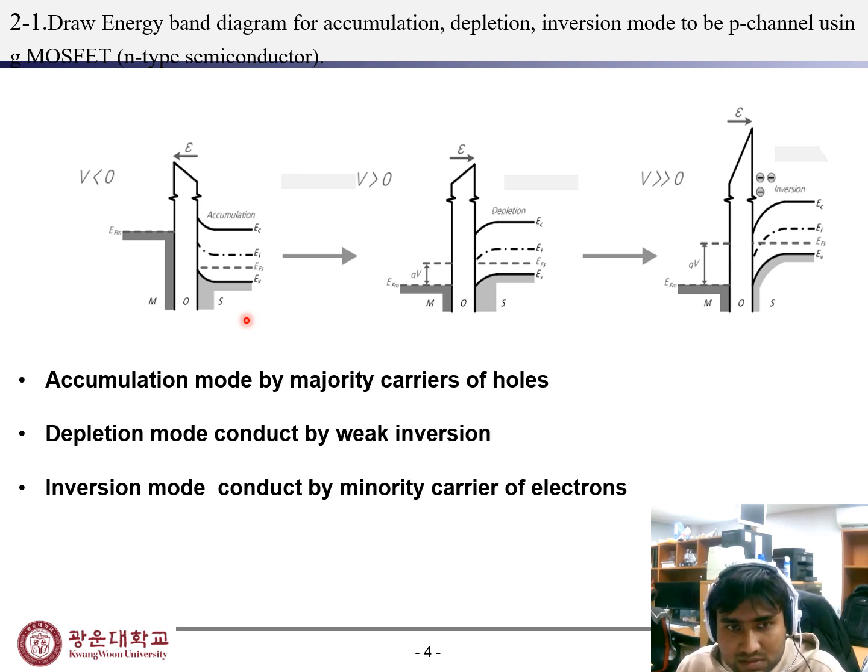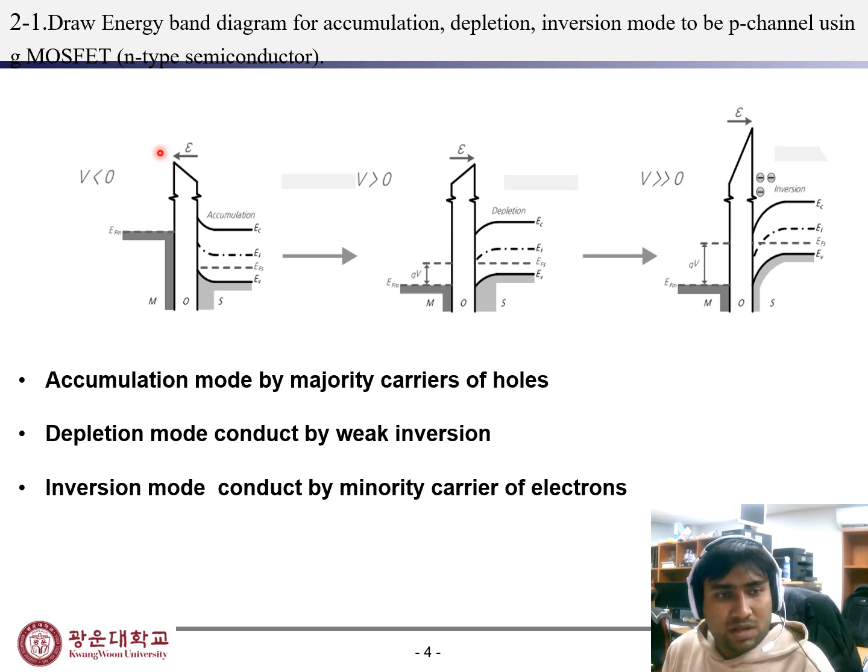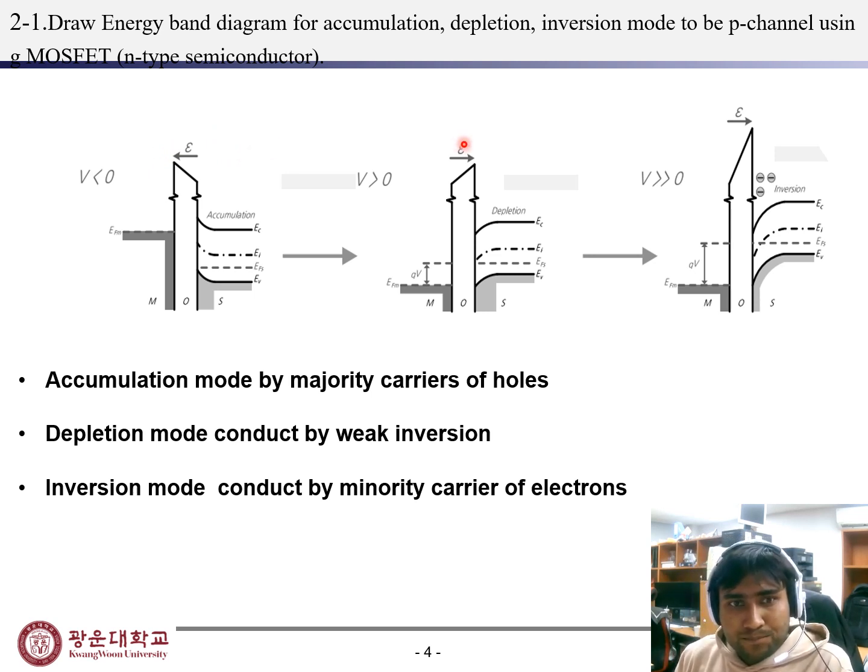If we apply more than 0 voltage on the gate side, it creates a positive charge, and a depletion layer occurs by positive and negative charge. Between accumulation and inversion, there is depletion.